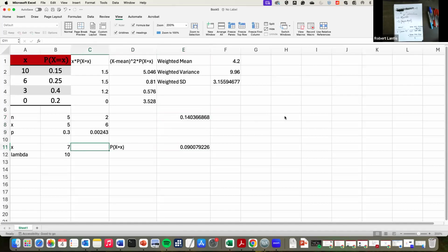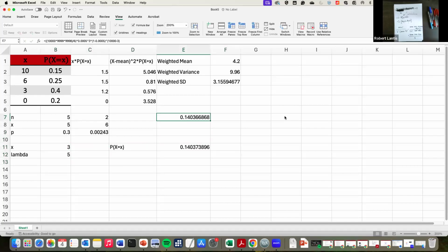If I used the Poisson, I take n times p. So in this case, 10,000 atoms times the probability any one decays. Lambda is going to be 10,000 times 0.0005. I'm interested in 3.